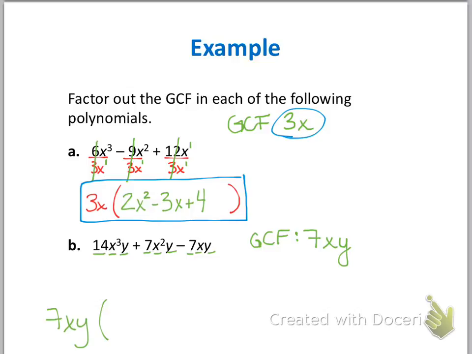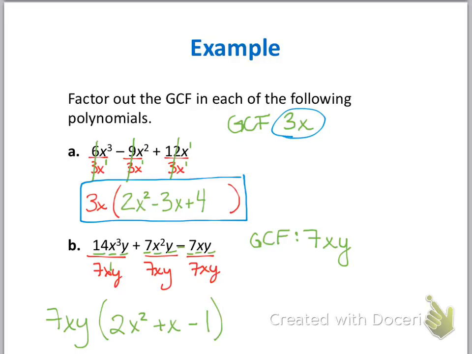And I'm going to divide each thing by 7xy. So 14 divided by 7 is 2. x squared and no y. 7 divided by 7 is 1. x squared divided by x is x and no y. Negative 7 divided by 7 is negative 1. x divided by x, y divided by y. I've only got a 1 left over.